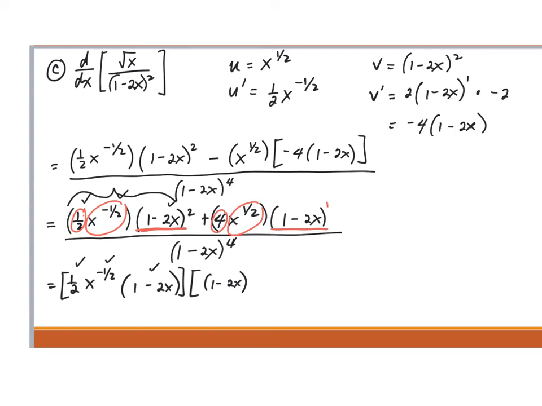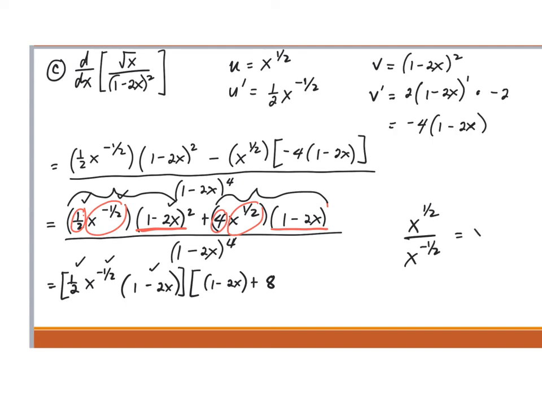For the second group, I'm just going to put this plus sign over here. When we divide this second group by the common factor, it will be 4 divided by 1/2, which is 8. And then x to the power of 1/2 divided by x to the power of negative 1/2.